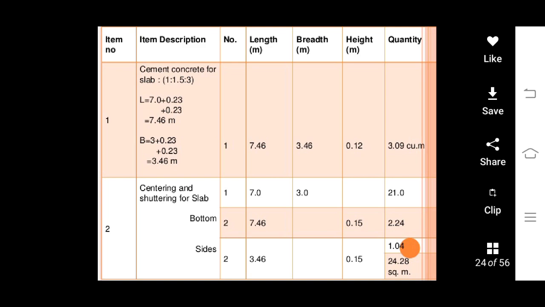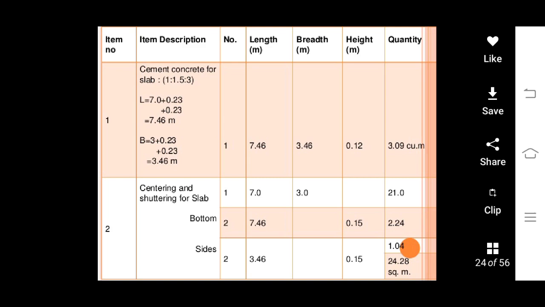The length is calculated by adding the total inner length, that is 7 meter, plus wall thickness, that is 0.23 from both sides. For the shorter span, the breadth is calculated by addition of 0.23 from both sides, that is 3 plus 0.23 plus 0.23, that is 3.46.